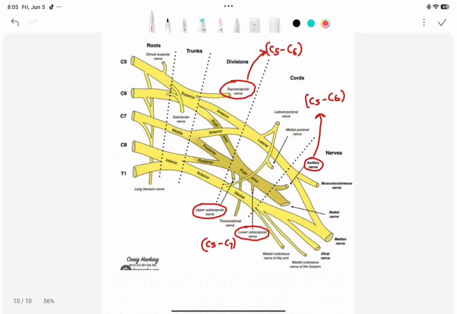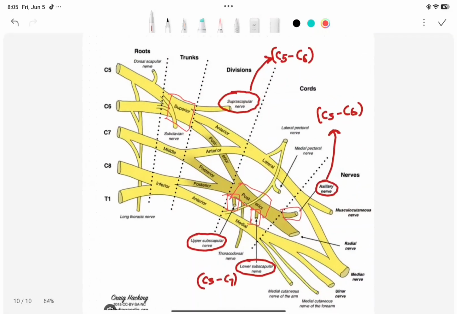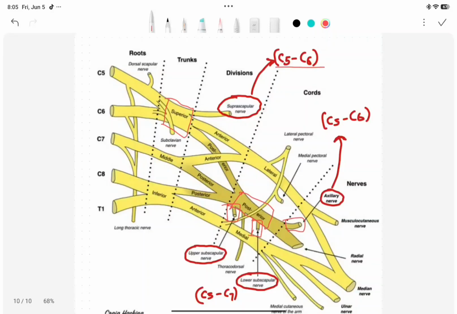The suprascapular nerve arises from the superior or upper trunk, and the upper and lower subscapular nerves and the axillary nerve arise from the posterior cord. The root value of the suprascapular nerve is C5, C6, because it is formed from the ventral rami of C5 and C6, which form the upper trunk.